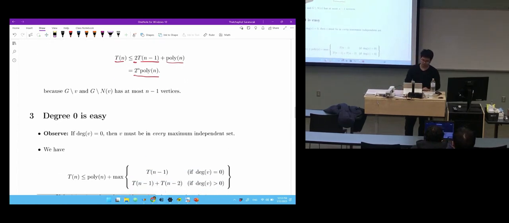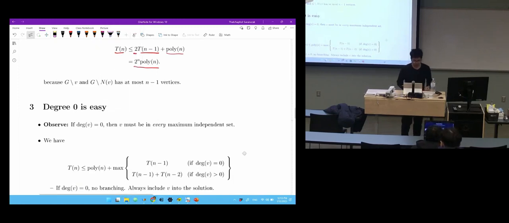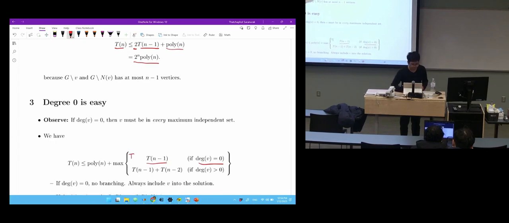So actually, what you get looks like this. The running time looks like this: if you pick a vertex V and it has degree 0, you don't have a choice. Just include it and recurse. So there is no branching at all. Right? There is no two terms that you need to try and sum up.